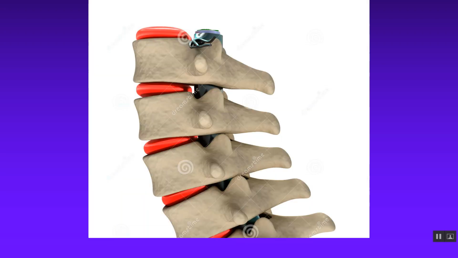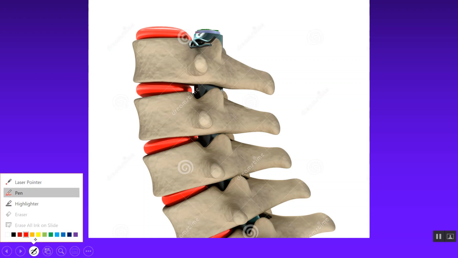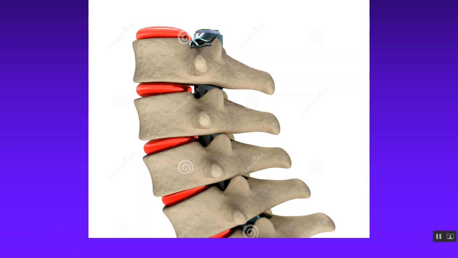So we'll draw it out here on a little bit easier to see diagram. If this was C5, let's just say, and this was C6, in the cervical vertebrae, the nerve root comes out above its vertebral level. So the nerve root that would come out from this intervertebral foramen here is going to be C6.